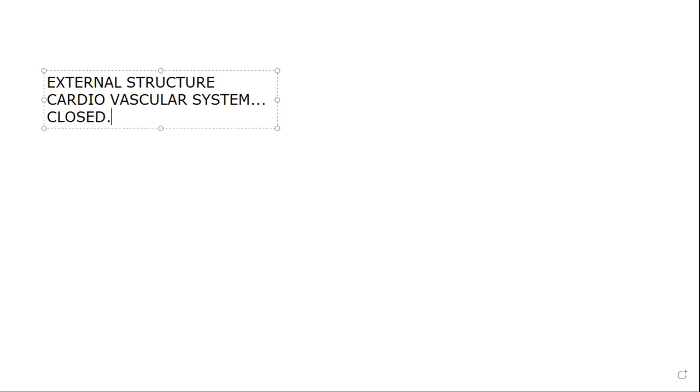A closed cardiovascular system is actually that type of system in which the circulatory fluid or the transport fluid, which is blood, does not come in direct contact with the tissues. This is a closed circulatory system. I will tell you the differences between the closed and the open circulatory systems in some upcoming lectures also. So this is also a very important topic. So the cardiovascular system is the main transport system in man.